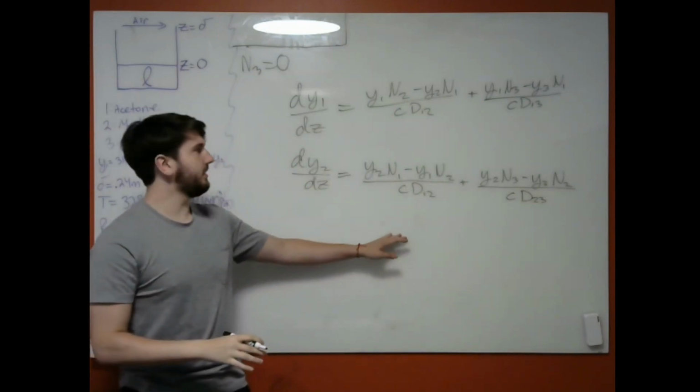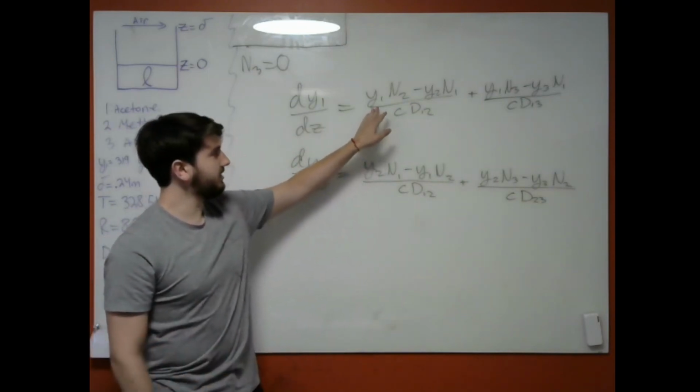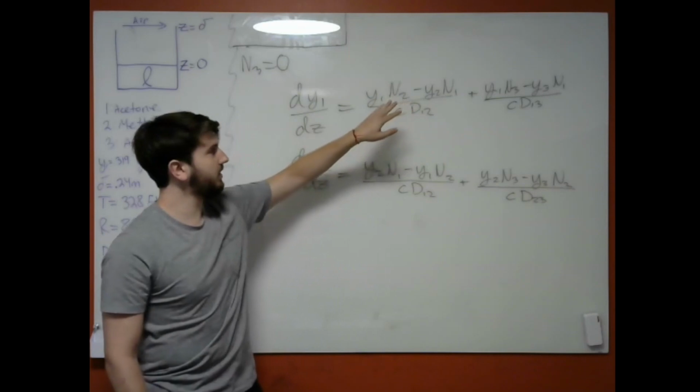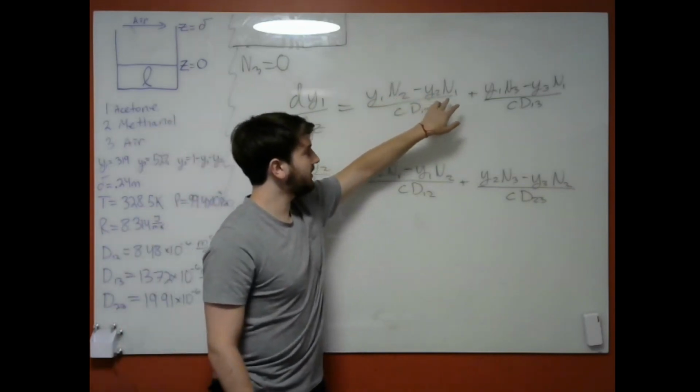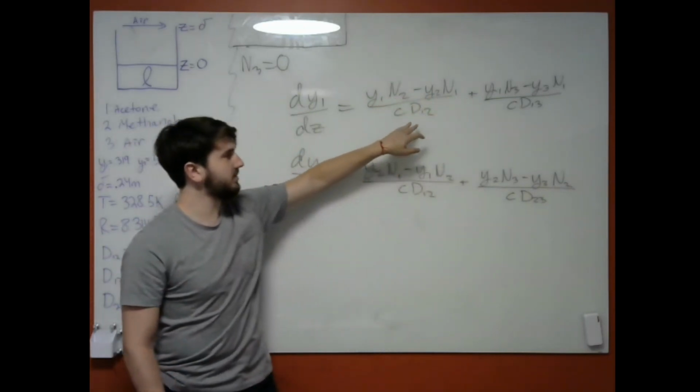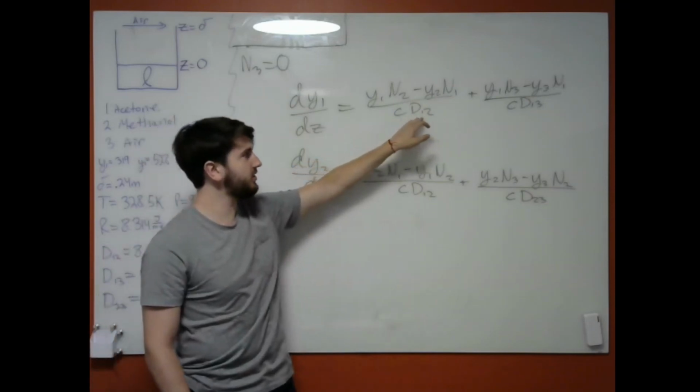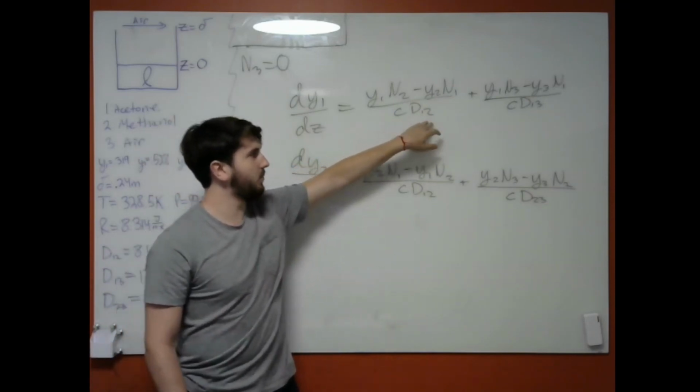As you can see here, we have the mole fraction of component 1 times the molar flux of component 2 minus the mole fraction of component 2 times the molar flux of component 1 all over the total concentration times the diffusivity from 1 to 2.